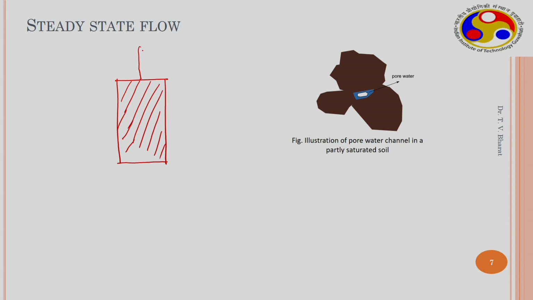You connect to a reservoir using a thin pipe, and you connect to an outlet pipe. So then you are maintaining a certain particular head in this case also.